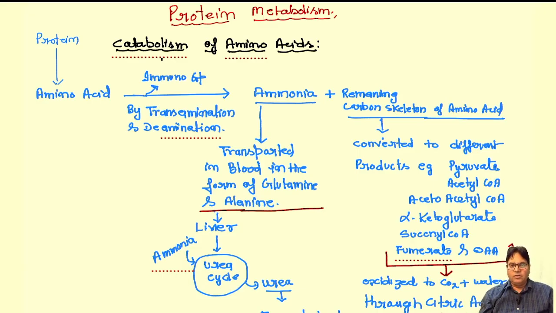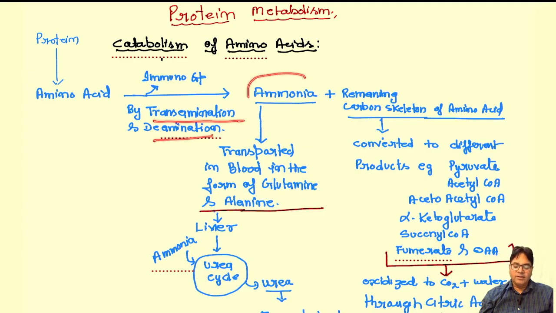If we talk about the catabolism of amino acids, what happens to these amino acids for the metabolism? These amino acids are broken down. That means these amino acids undergo catabolism. During catabolism, the amino group of these amino acids is removed, and this step is called transamination or deamination.